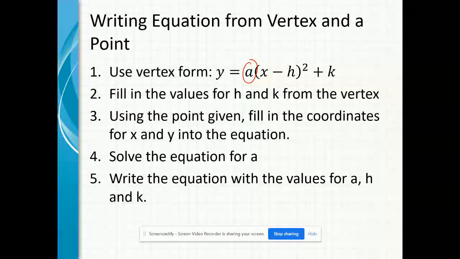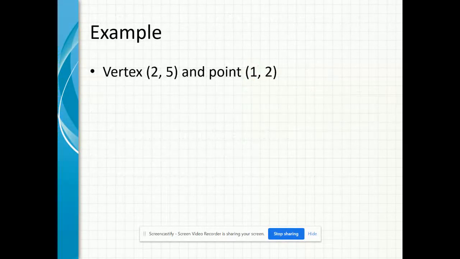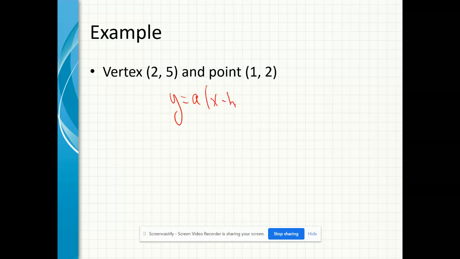All right, let's give it a try. Here we go. Vertex (2, 5), point (1, 2). There's my equation. So this is my h, this is my k, this is my x, this is my y.